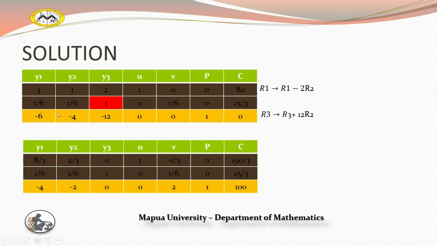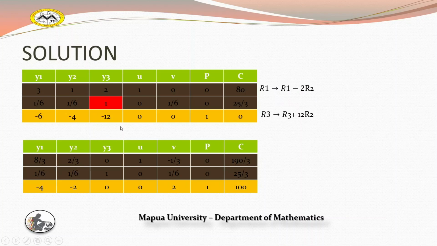In order to do that, we have the pivot element as our reference element and the pivot row as our reference row. So for the element 2 in the y3 column to be changed into 0, the element in row 1 is replaced by row 1 minus twice row 2.